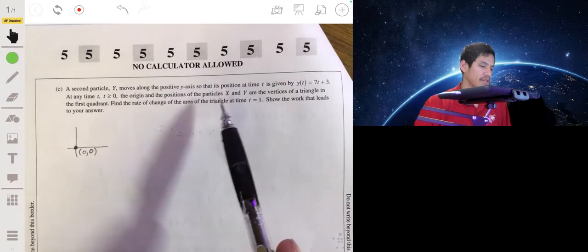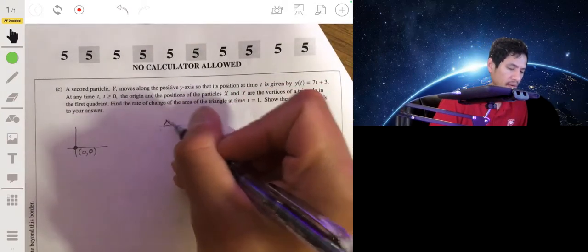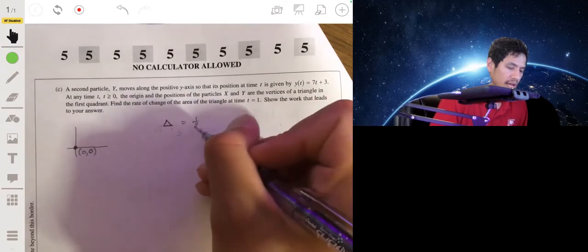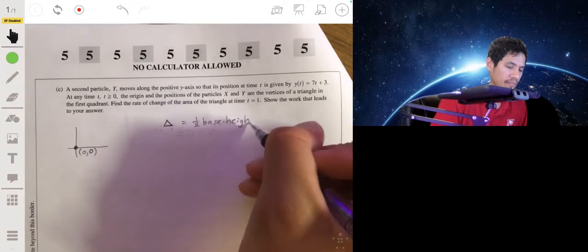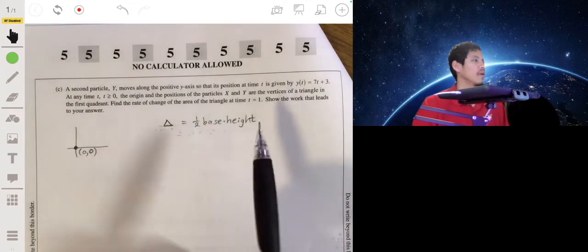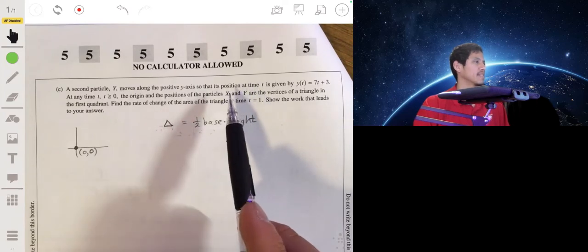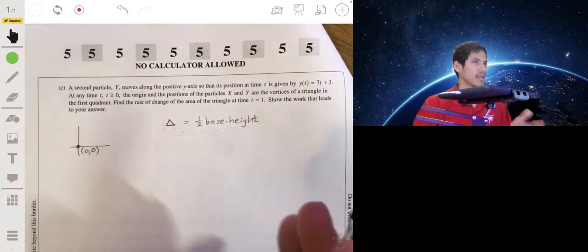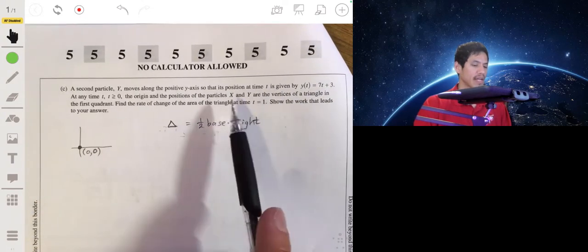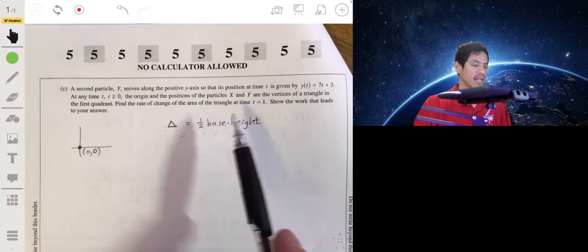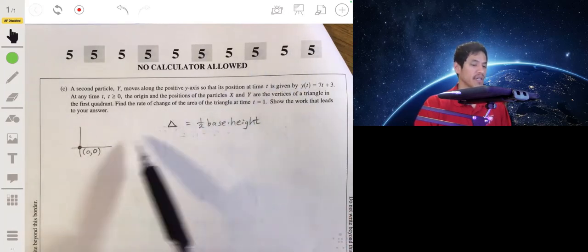In a triangle, the area of a triangle is equal to 1/2 base times height. And so if we think of x as the horizontal distance as the base, then we can simply plug the x function in for the base, and we think of y as the height, because again these are the other vertices.